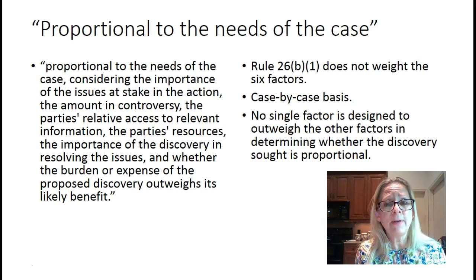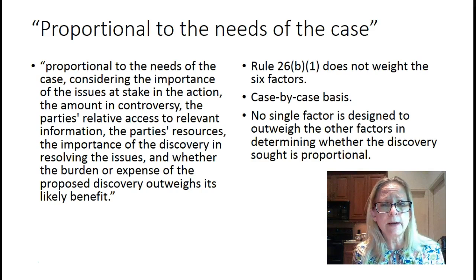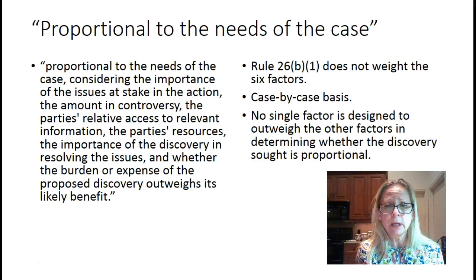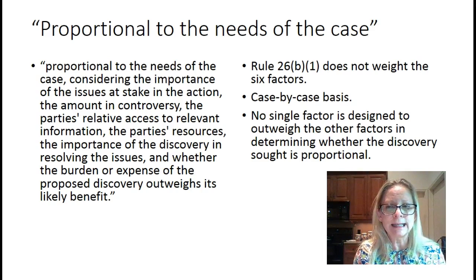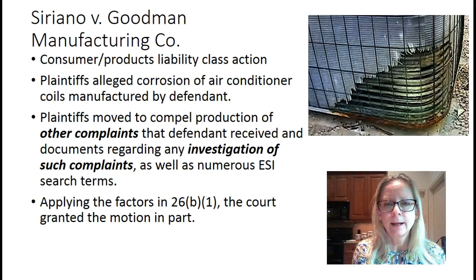No single factor is designed to outweigh the other factors in determining whether the discovery sought is proportional. So it's one of these multi-factor analyses where we have no balancing, no weighting, we just go through them all and see what applies.